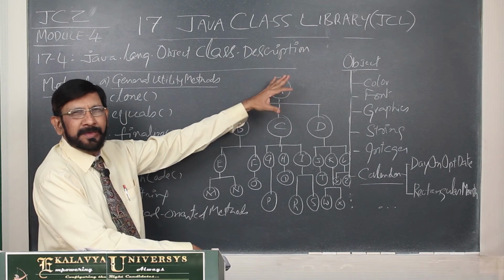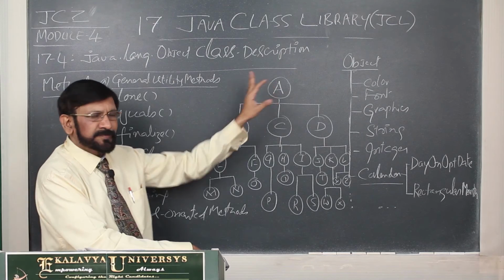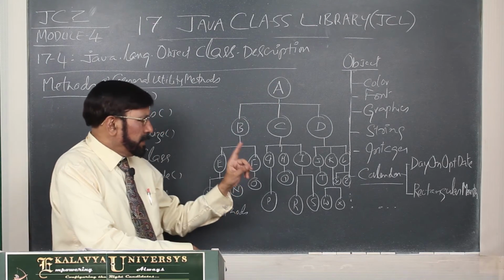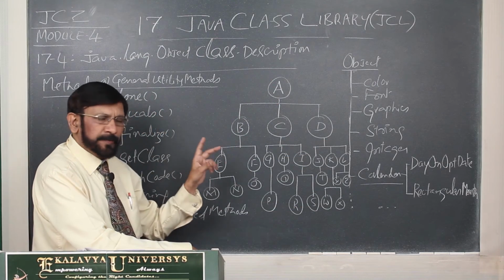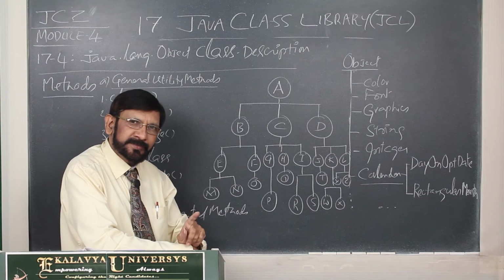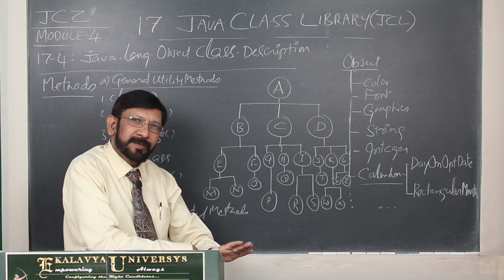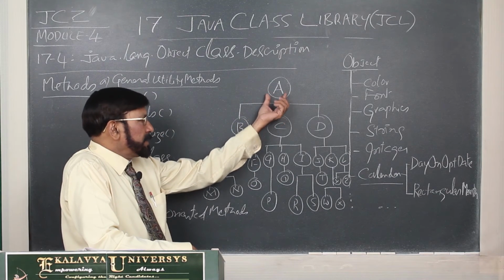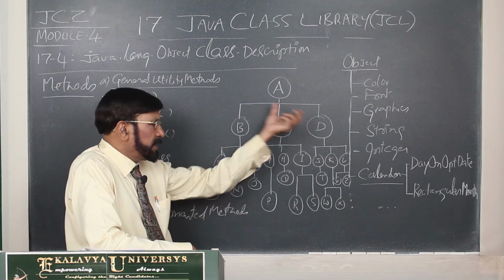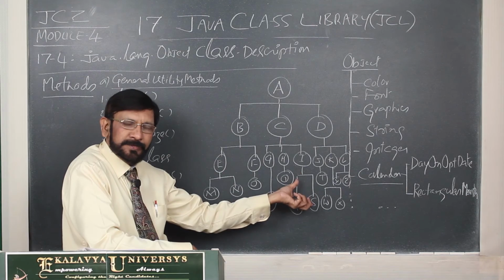A. A is the compatible reference. So, any of these 25 objects' references can be assigned to A. Do you agree with that or not? So, a common reference we are able to create for the entire family.